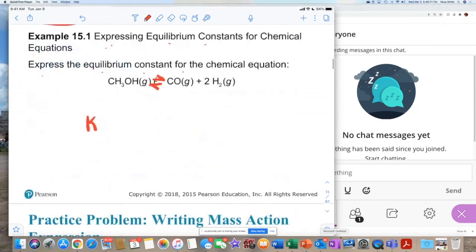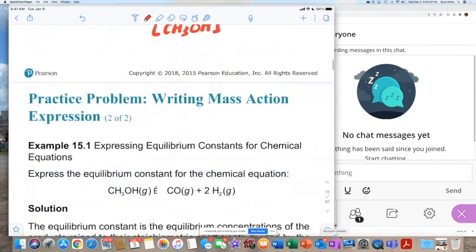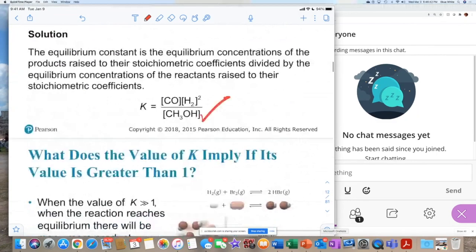No, it's not, I've just seen it before. CO, H2 raised to the power 2, product first, and then CH3OH, like that. Equilibrium expression. Oh, they do it right here. Okay, so we're done with that.